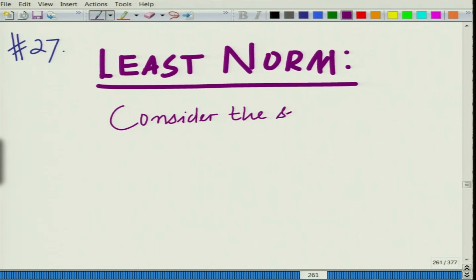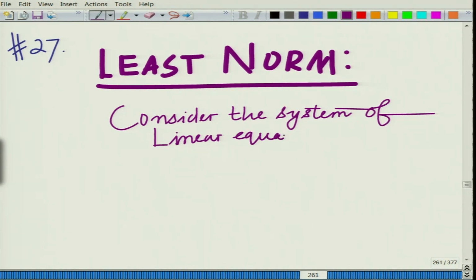Consider the system of linear equations. We have y1, y2, ym.